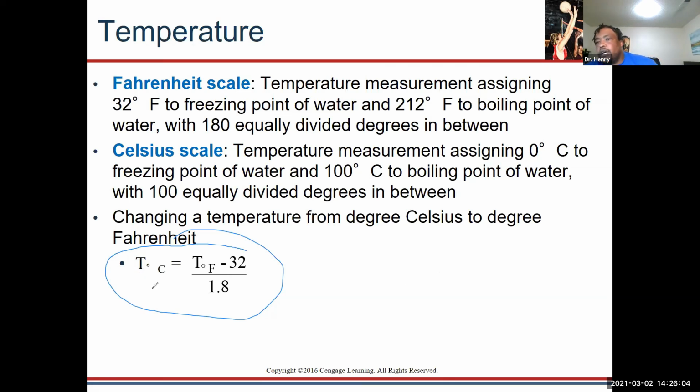So if we wanted to solve this equation for Fahrenheit, we'd say TF equals 1.8 TC plus 32.